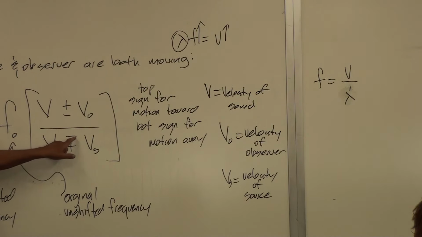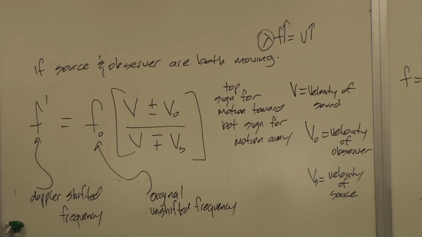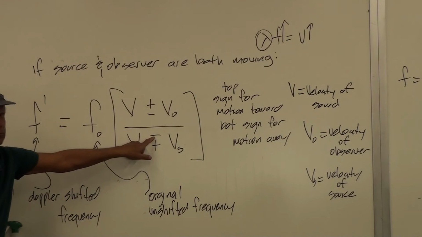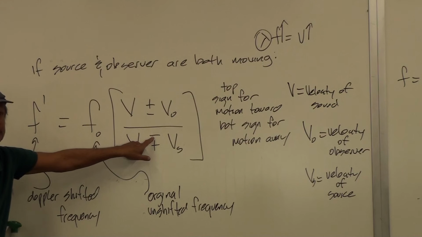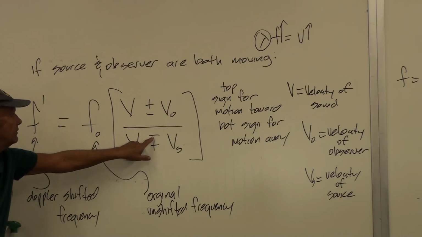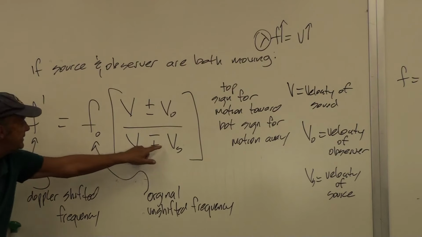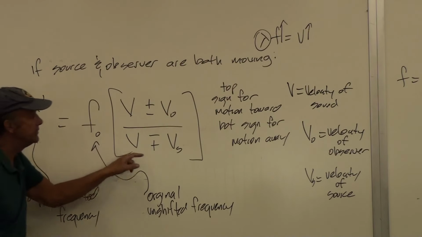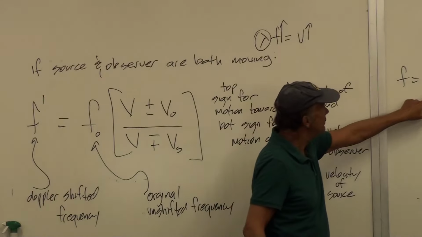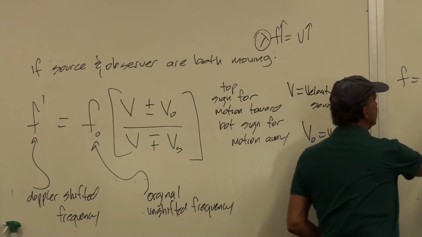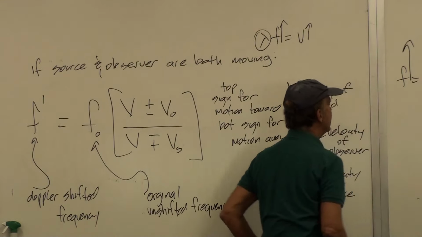And so if you use the minus sign, that's for relative motion toward. So this is if the source is moving toward the observer. So that's going to increase the Doppler frequency by decreasing the denominator. Just like here, when we decreased the denominator, when this went down, the frequency went up.